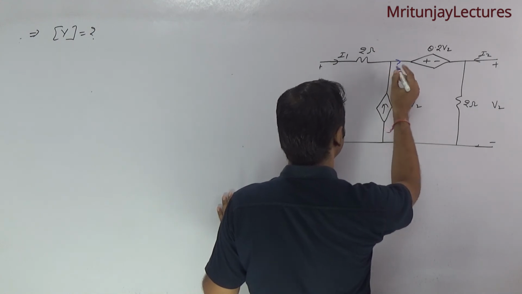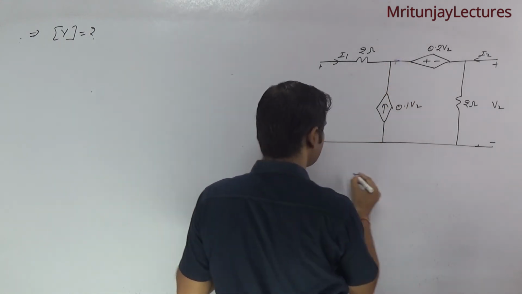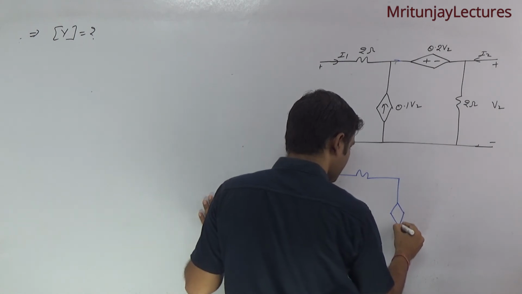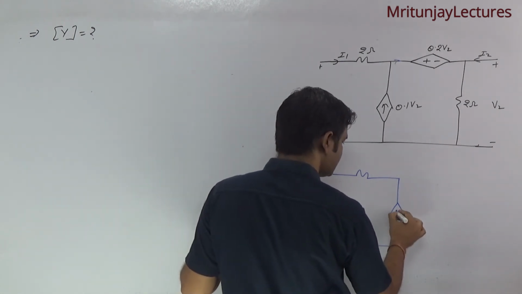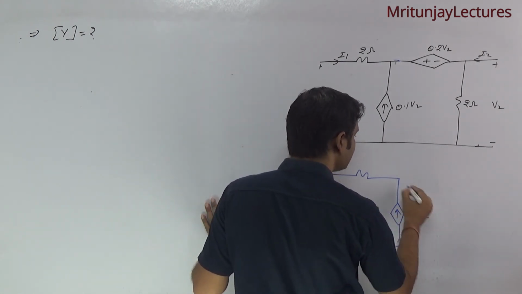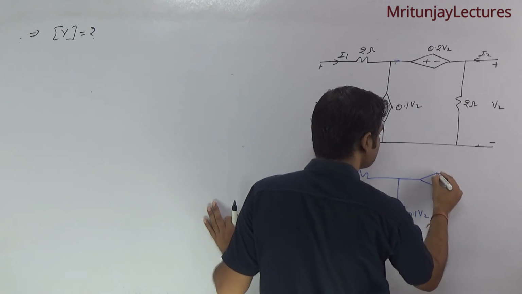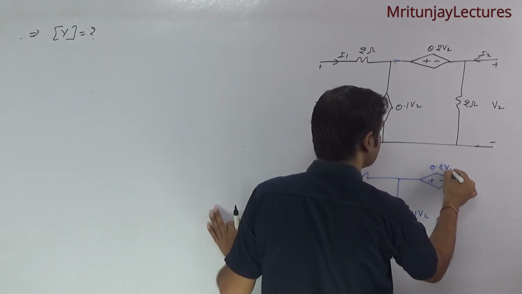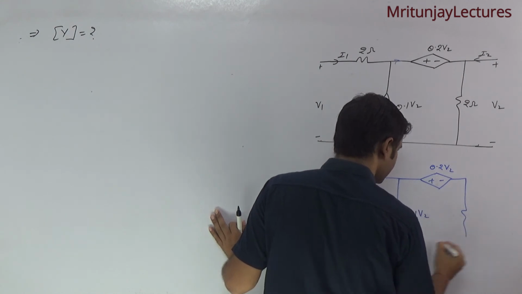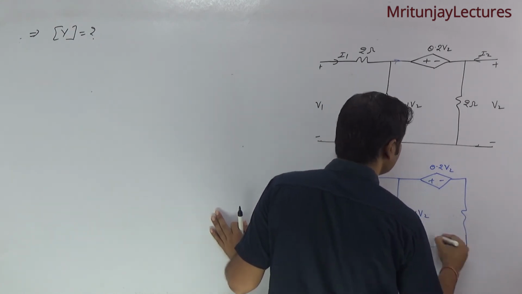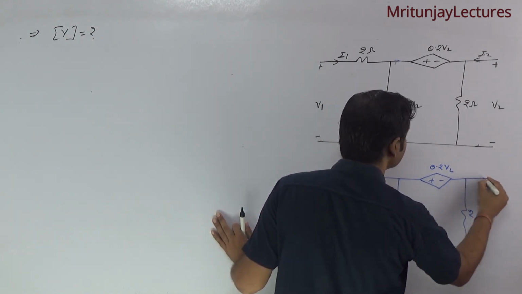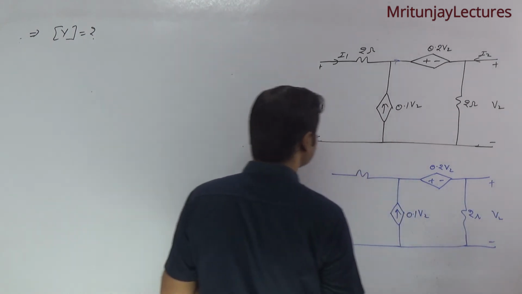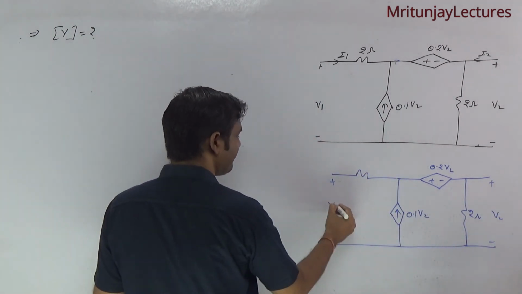So first of all, make another circuit, that is 0.1 V2, and that is plus minus 0.2 V2. Okay, this question is solved with the help of two methods, nodal analysis or very simple KVL KCL.